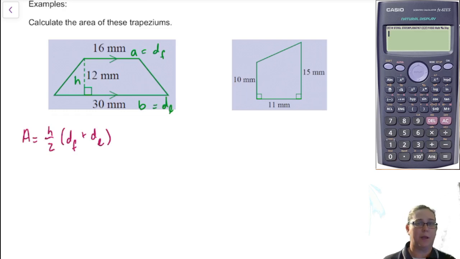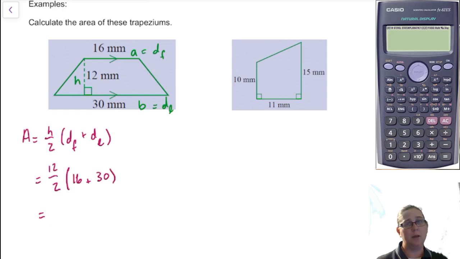That's how we set up our formula, and we just plug in those numbers where they need to be. h is our perpendicular height, that's 12 millimeters, so we have 12 over 2. Then DF, which is 16, plus DL, which is 30. And then we can just plug that straight into our calculator.